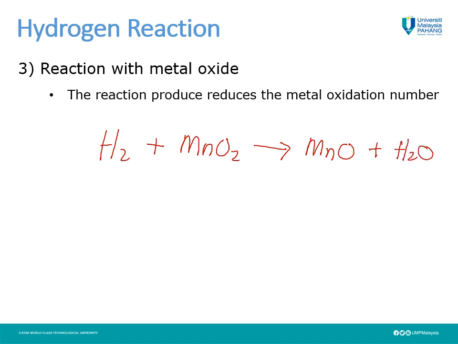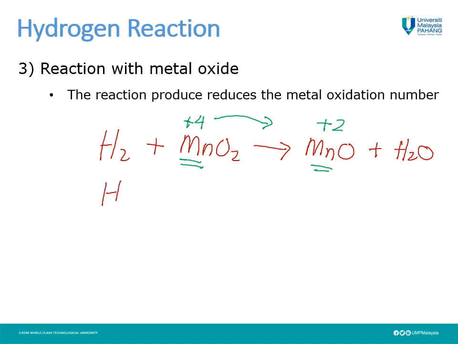If you can see here, the oxidation number of Mn is +4, and after the reaction with hydrogen, the oxidation number of Mn became +2. So the reaction has reduced the oxidation number from +4 to +2.